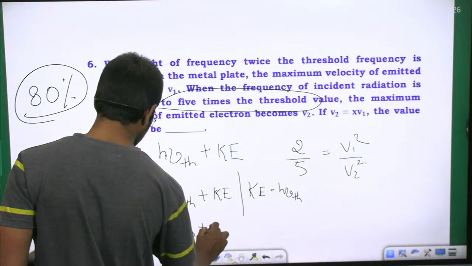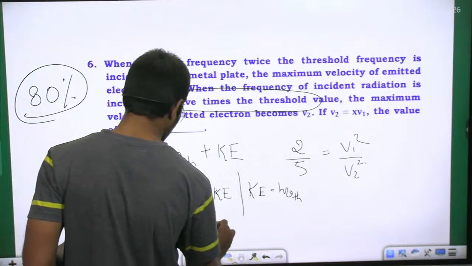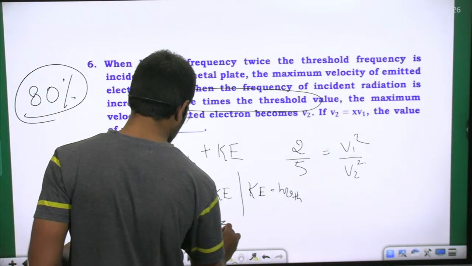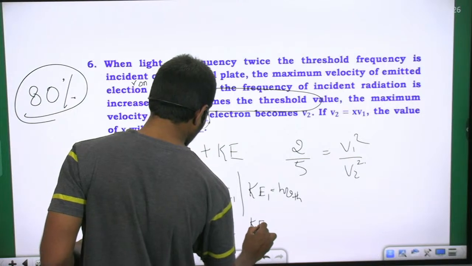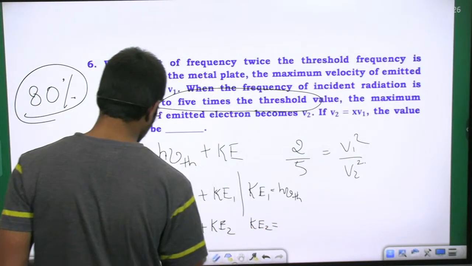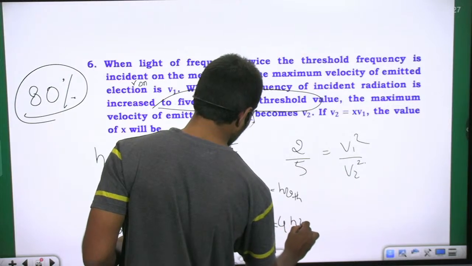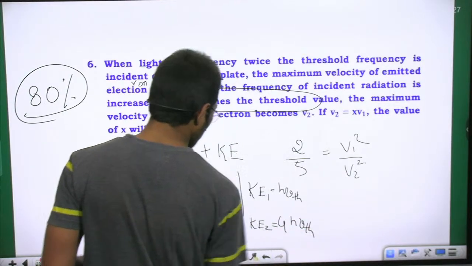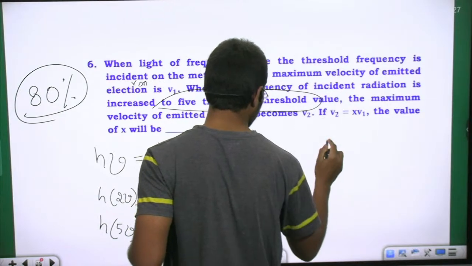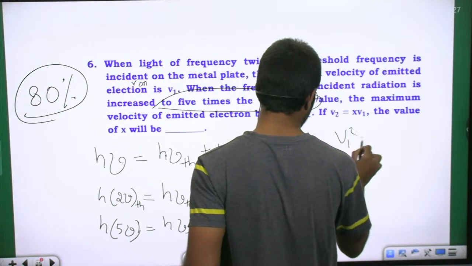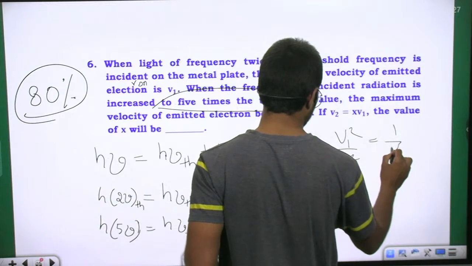Threshold plus K, right? K2 is equal to 4hν threshold. So KE1 by KE2 is equal to V1 square by V2 square is equal to 1 by 4.